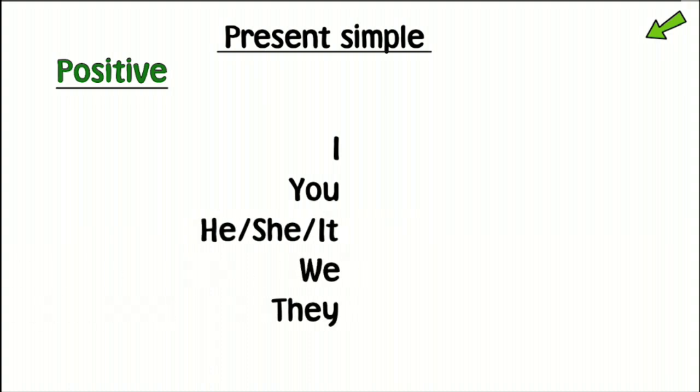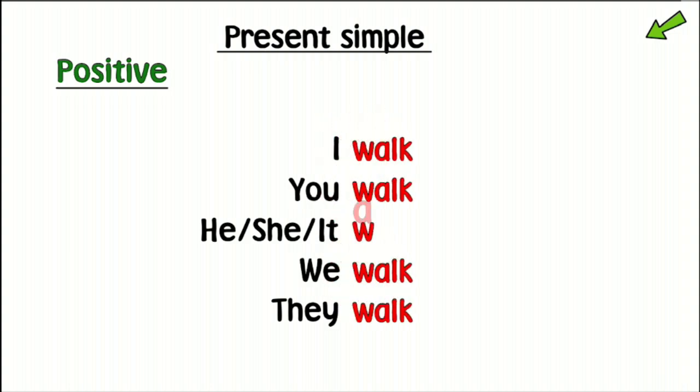We form the present simple positive like this. He, she, and it verbs all end with an S.